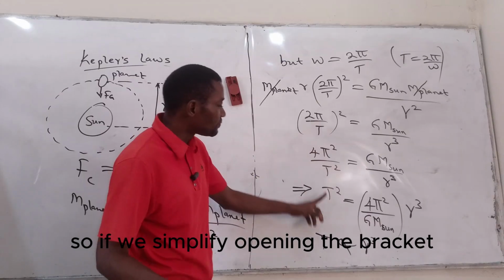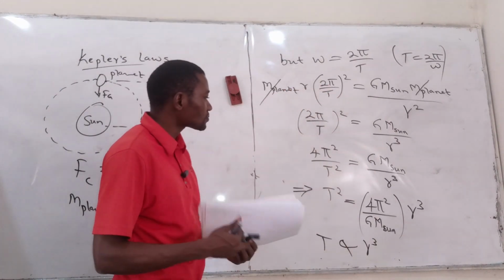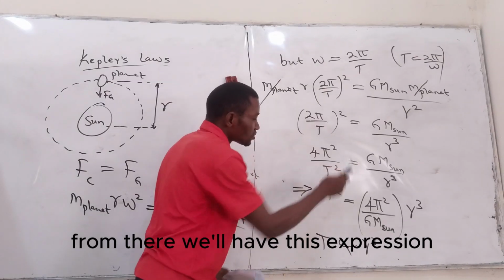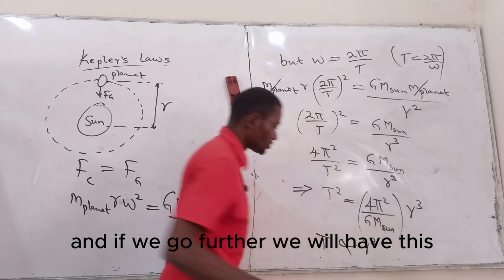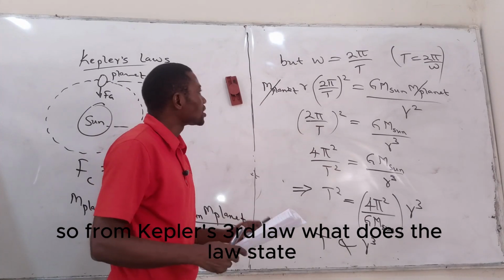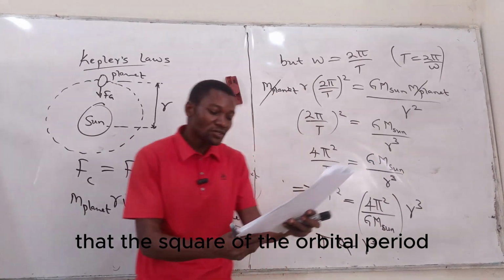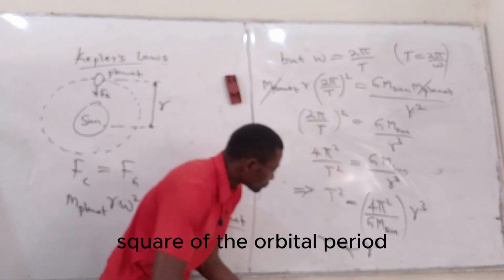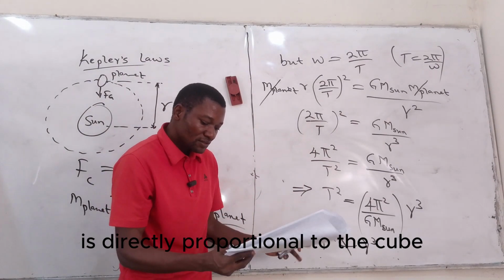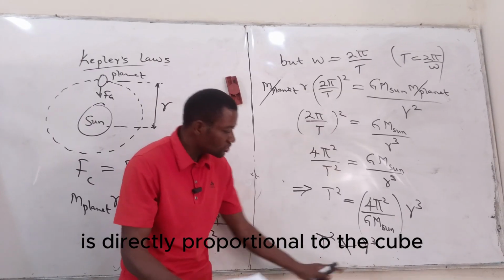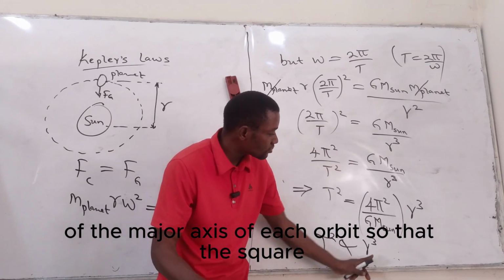Okay, from here we want to establish the relationship between T and R. So if we simplify, opening the bracket, squaring both sides, from there we'll have this expression. And if we go further, we will have this. So from Kepler's third law, what does the law state? That the square of the orbital period is directly proportional to the cube of the major axis of each orbit.